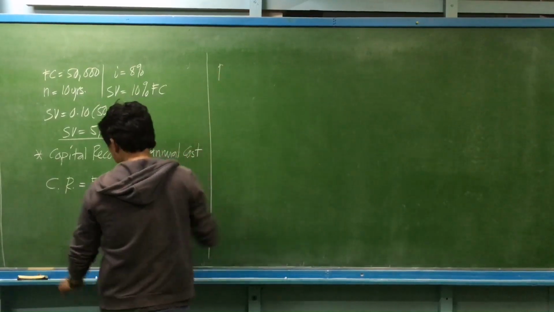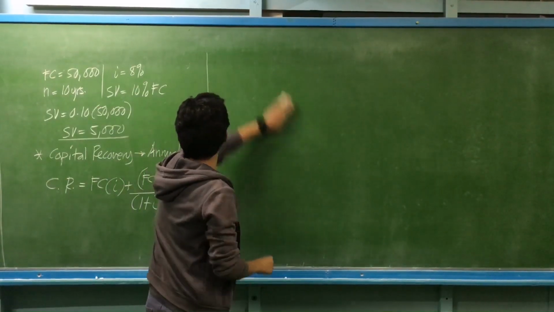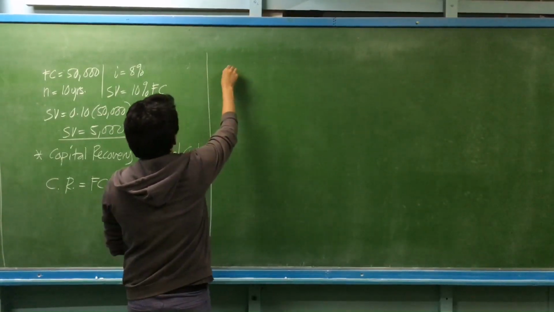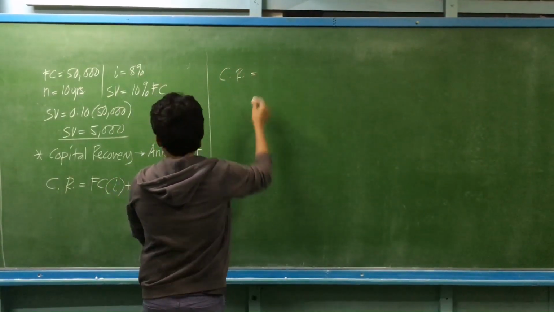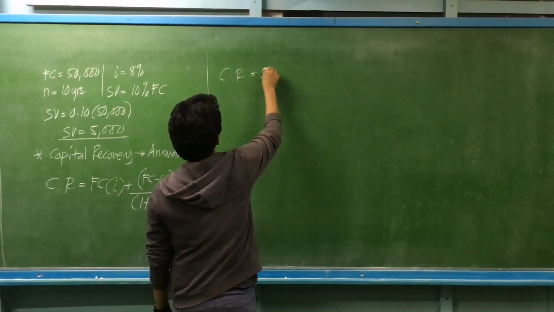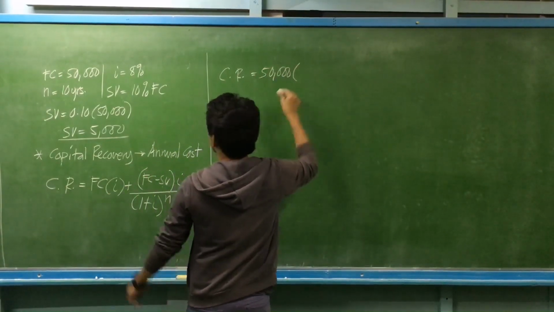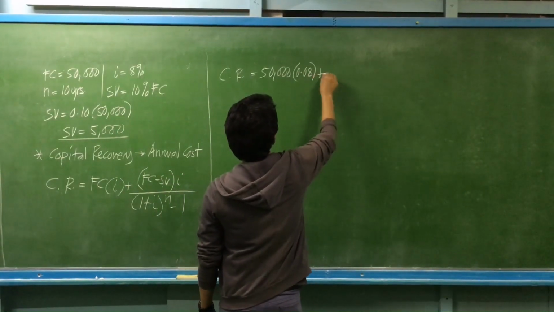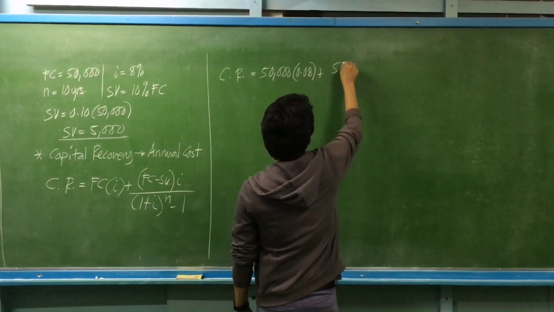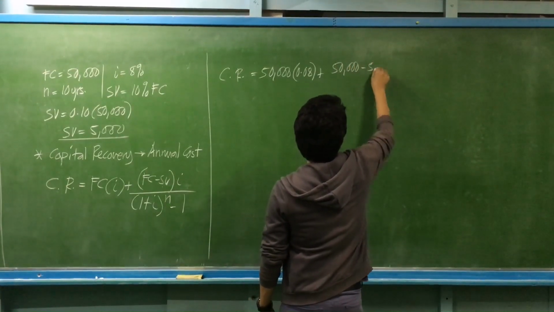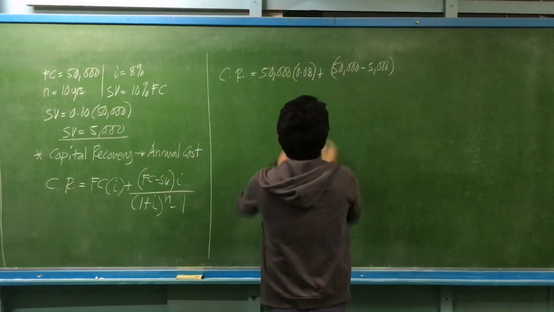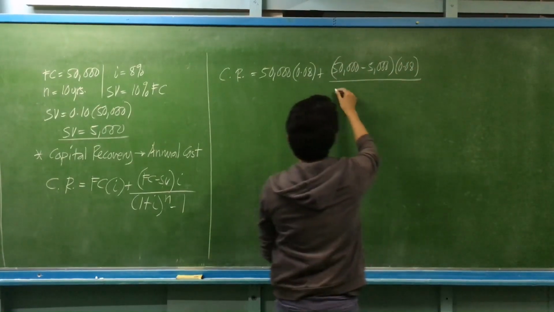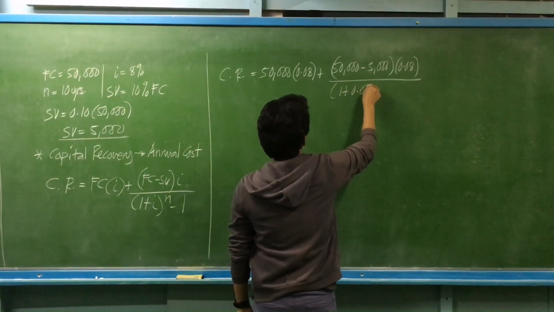Let's say this is the capital recovery, CR. So capital recovery, what is our first cost? We have, this is 50,000. Multiplied by yung I natin, we have 0.08 plus first cost, that is 50,000 minus salvage value na 5,000 multiplied by the rate, we have 0.08. Okay, divided by 1 plus 0.08.